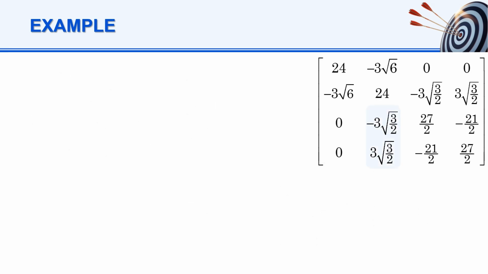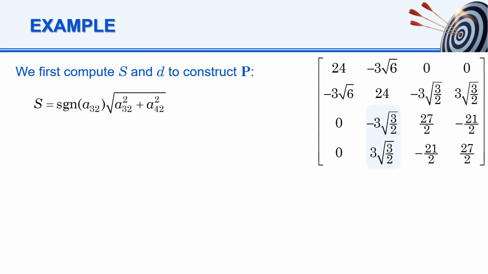Next, using the matrix A2, we will repeat the same process on the submatrix, constructing a new Householder matrix for the second column. We start with the second column and compute the quantities S and D as follows.